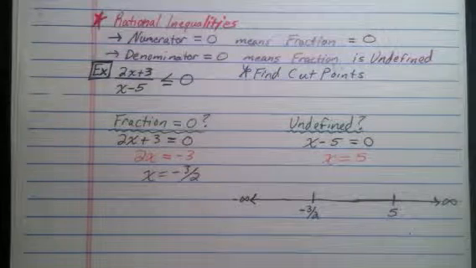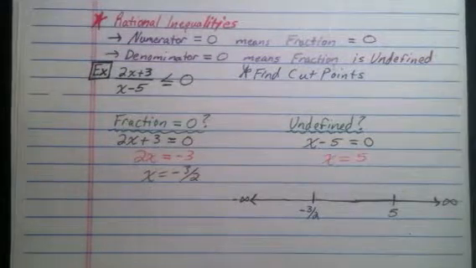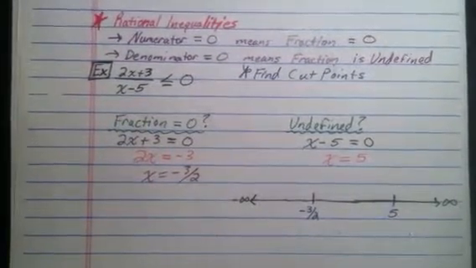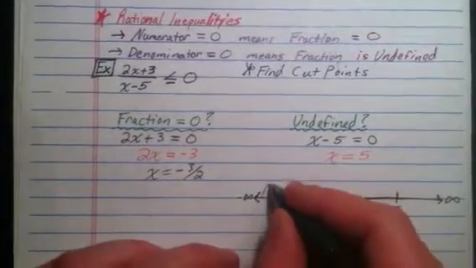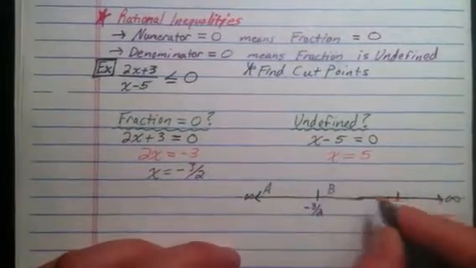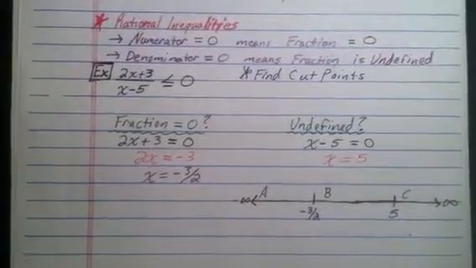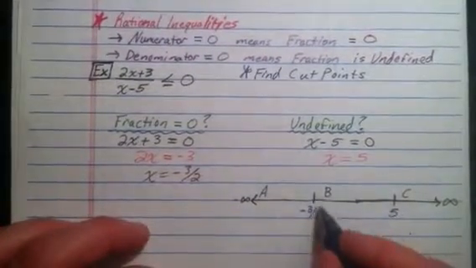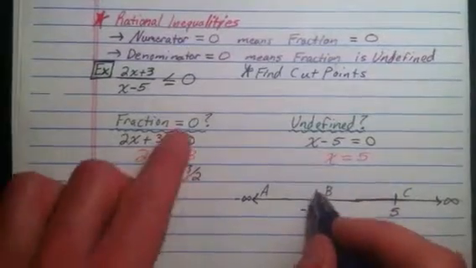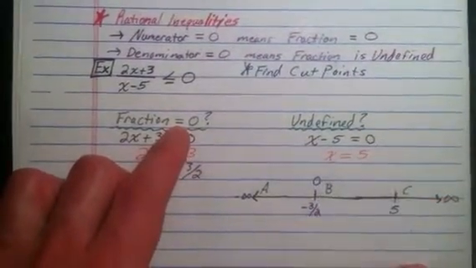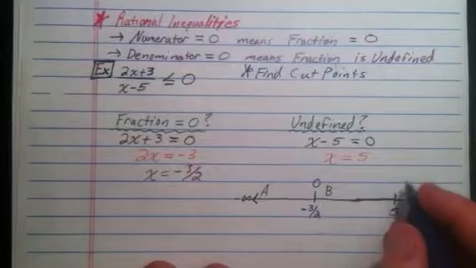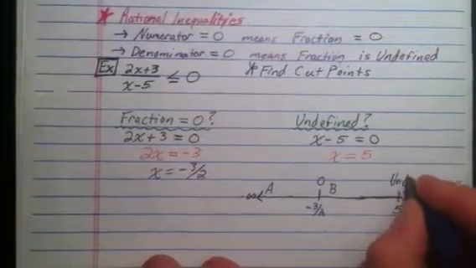Okay. So once again, this cuts our situation into 3 intervals. Interval A, we'll call it, interval B, C. So at -3/2, that's what made the fraction equal 0. At +5, that's what made the fraction undefined.